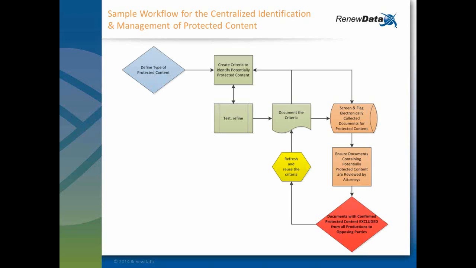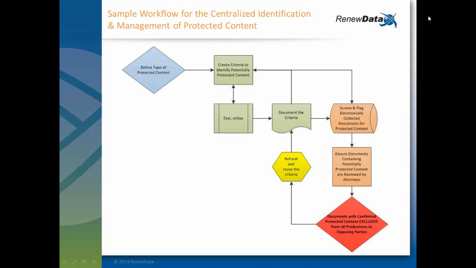And then creating criteria to identify each category of protected content. Of course, documenting that criteria, and then screening and centrally flagging every document collection with the documents that hit on those criteria that you have created to identify each category, meaning that this is done in every single case in the same way with the same criteria.